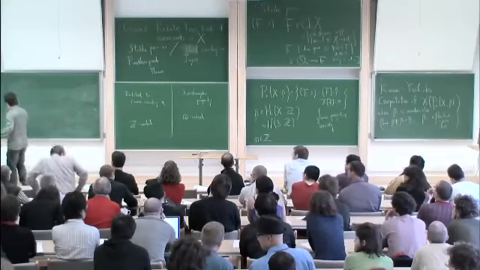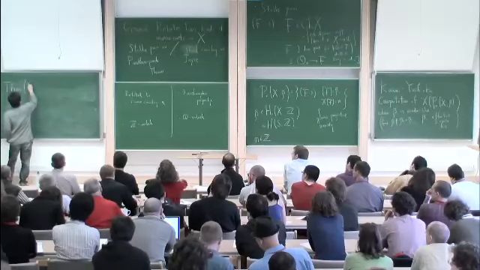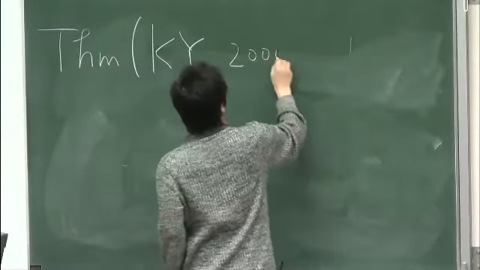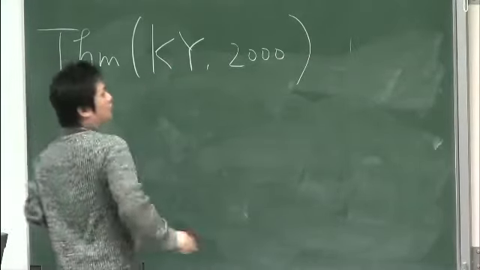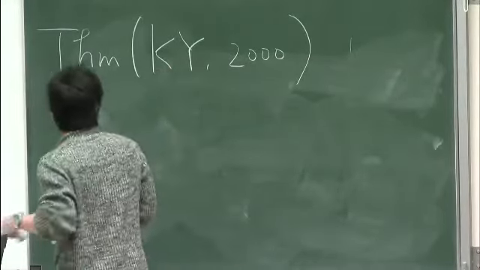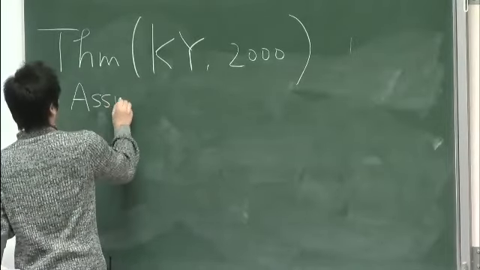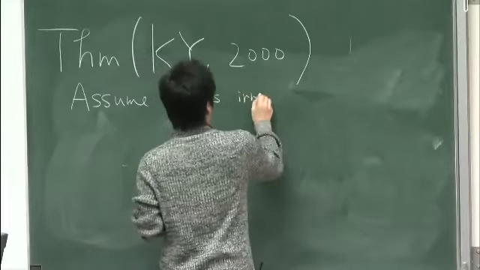So the result of Kawai-Yoshioka, the result of 2000, the first one is that, the important assumption is that assume that beta is irreducible.